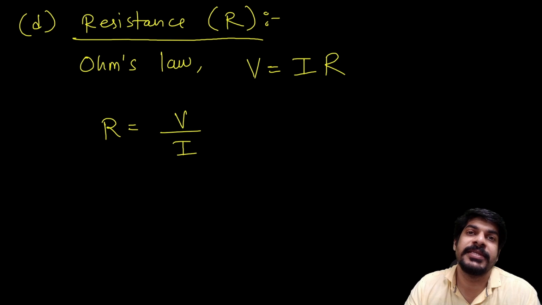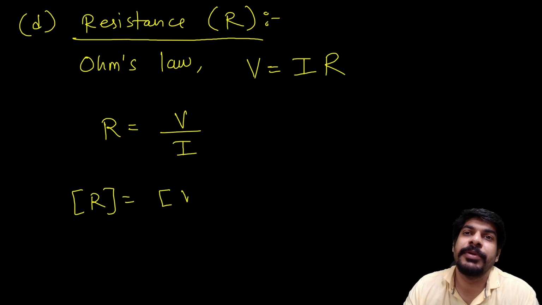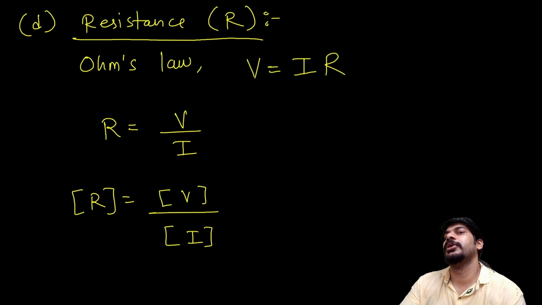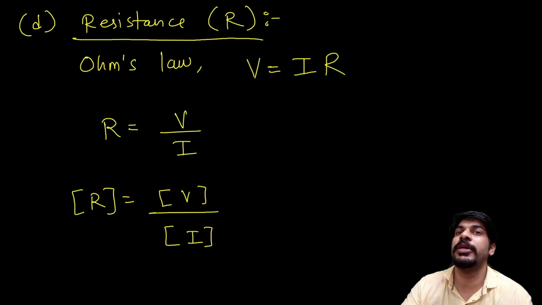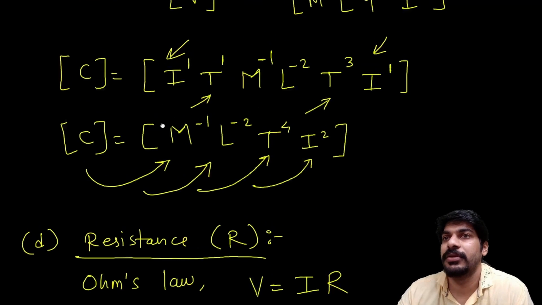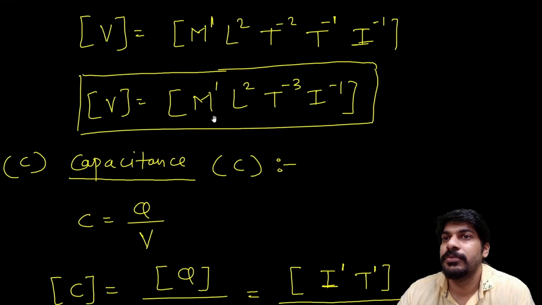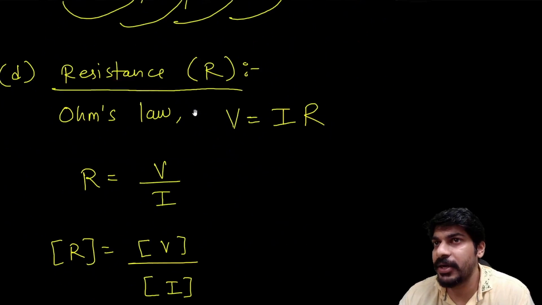And from this I can say dimensions of R is nothing but dimensions of V divided by dimensions of I, isn't it? Okay, now we have just found out the dimensions of V. Here it is. As you know, it is M1 L2 T minus 3 I minus 1, right? Let's write down here.